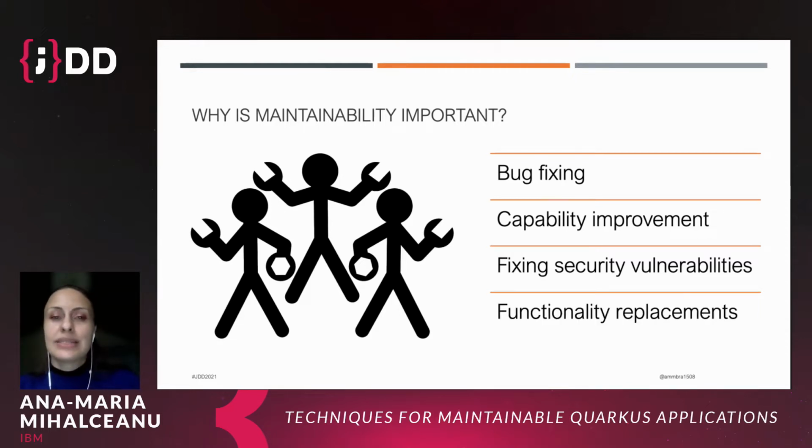And last but not least, maintainability is important for replacing functionality in our application. So not just improving a certain capability, but we also want to replace a functionality without the pain.